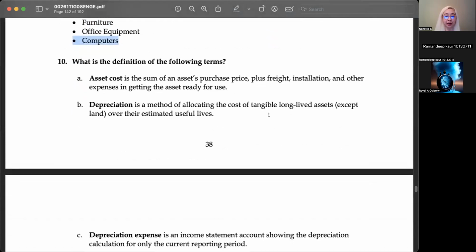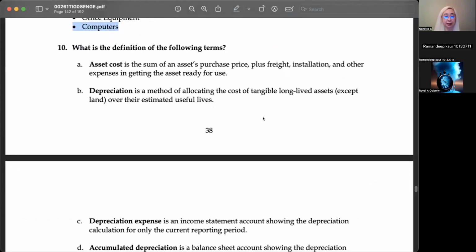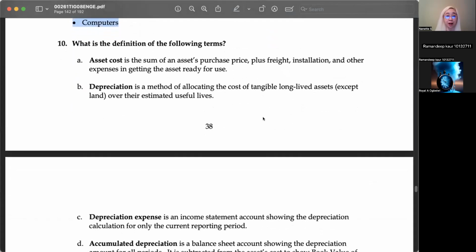So let's differentiate the different types of terminology that we will use in Chapter 7. Royal, what is an asset cost? Asset cost is the sum of an asset purchase price plus freight, installation, and other expenses in getting the asset ready for use.